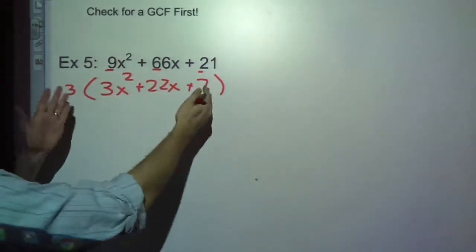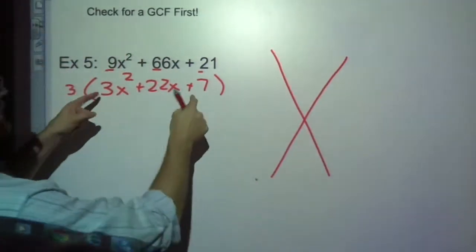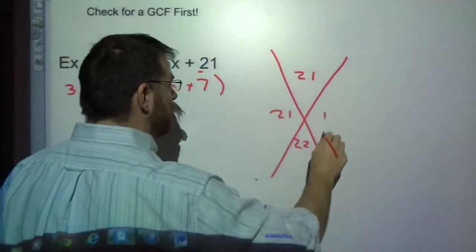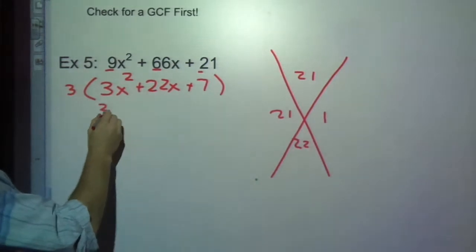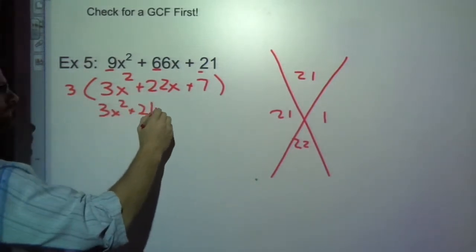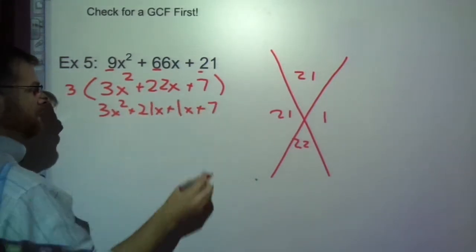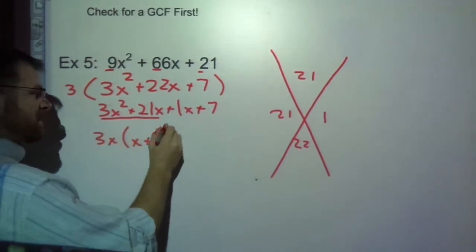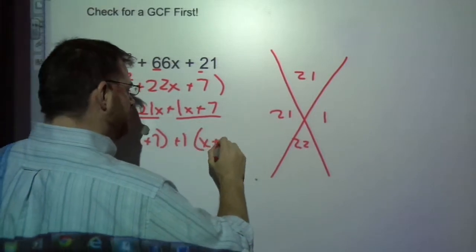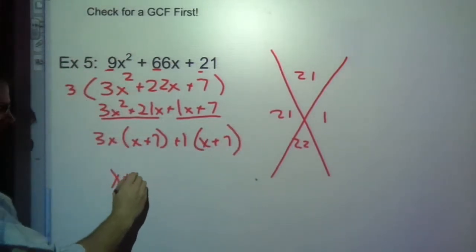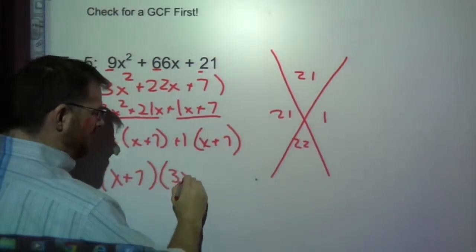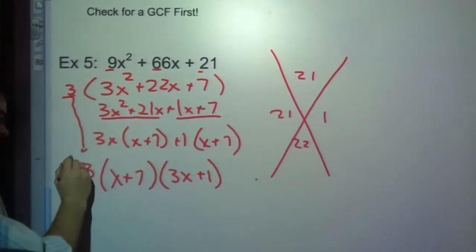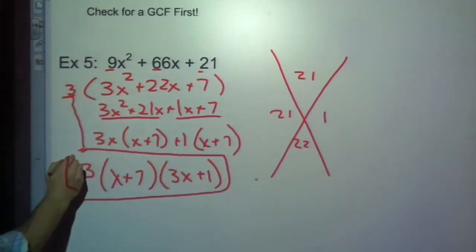Now I can factor this trinomial. 3 times 7 is 21. That adds up to be 22, which is 21 and 1. So I'll rewrite the middle term. Factor by grouping. So we have x plus 7 and 3x plus 1. Then I just bring this 3 down onto my answer because I pulled it out at the beginning.